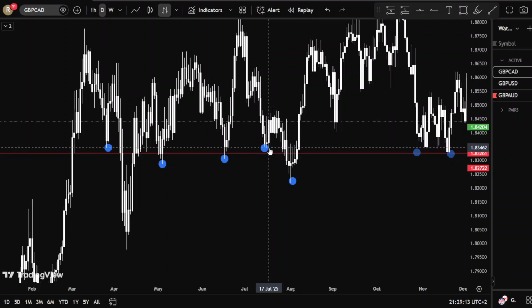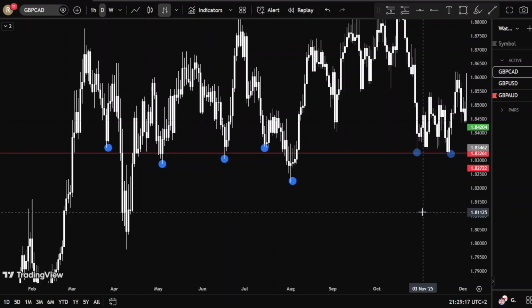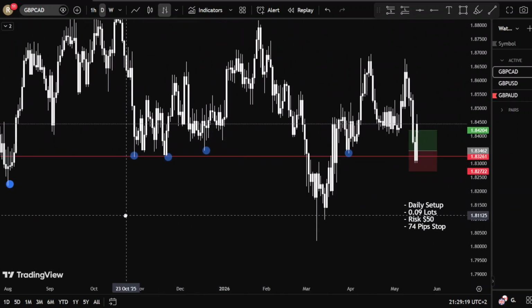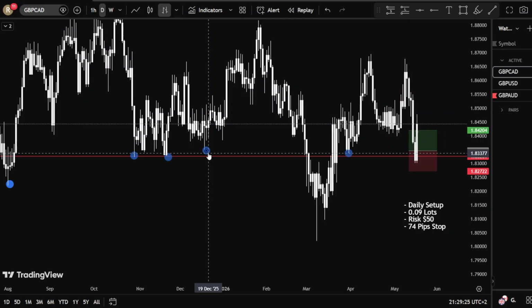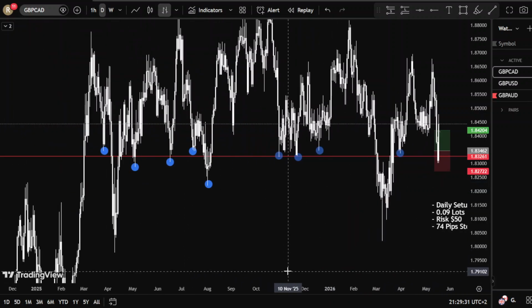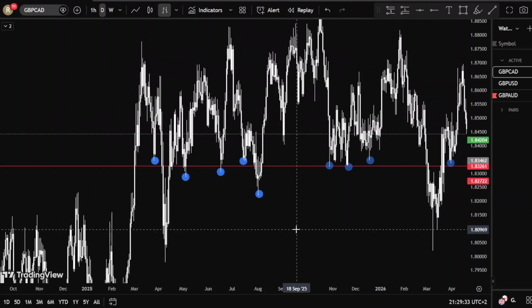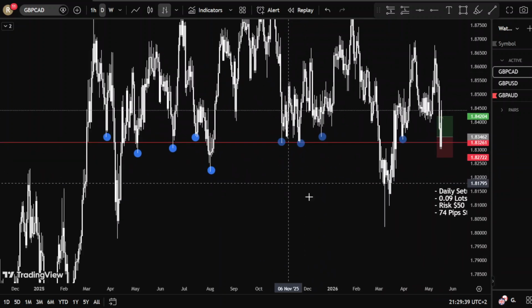Many times in this area. You can see again here more recently, here it happens, here it happens, here, and this is the most recent one. So we have a lot of history that when price gets into these kind of zones, it will have some kind of reaction.